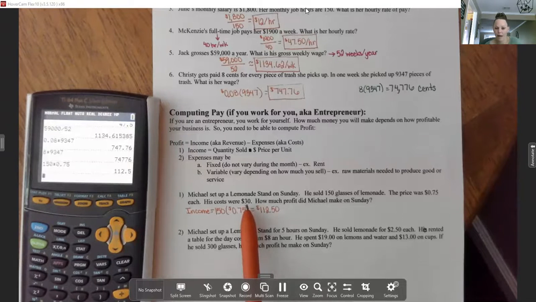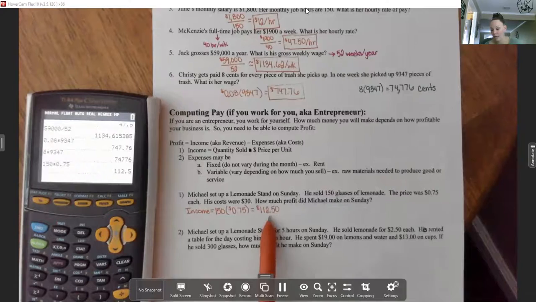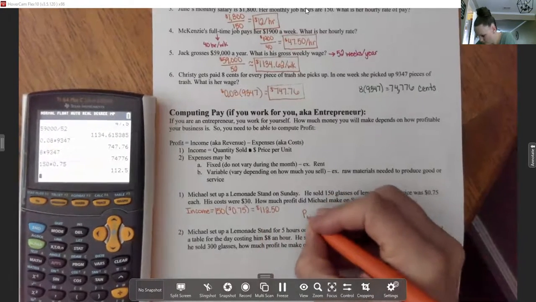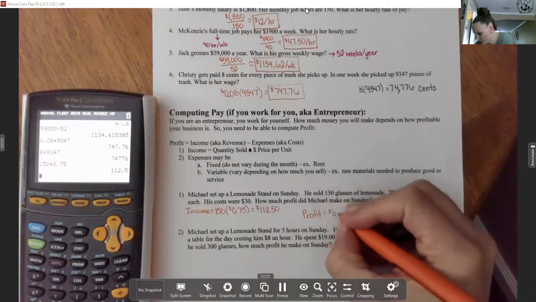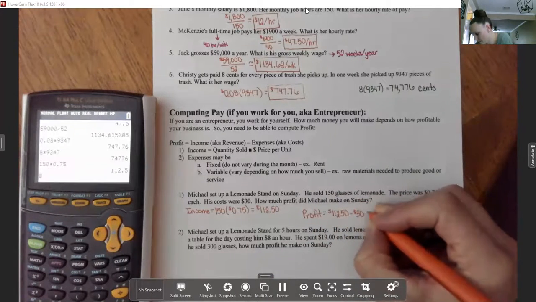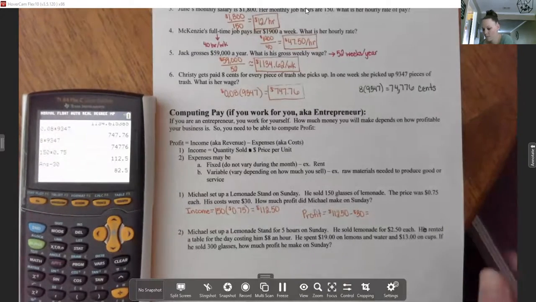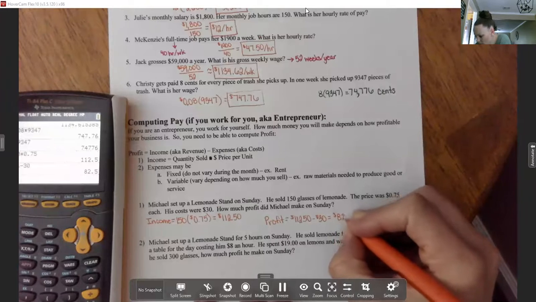So he could have had to buy lemons, sugar, cups, anything like that he needed to purchase. So he had to put that money out up front, and then he gets this income coming in. So Michael's profit is going to be this $112.50 minus the $30 that he had to spend on his supplies. So Michael's profit is $82.50.